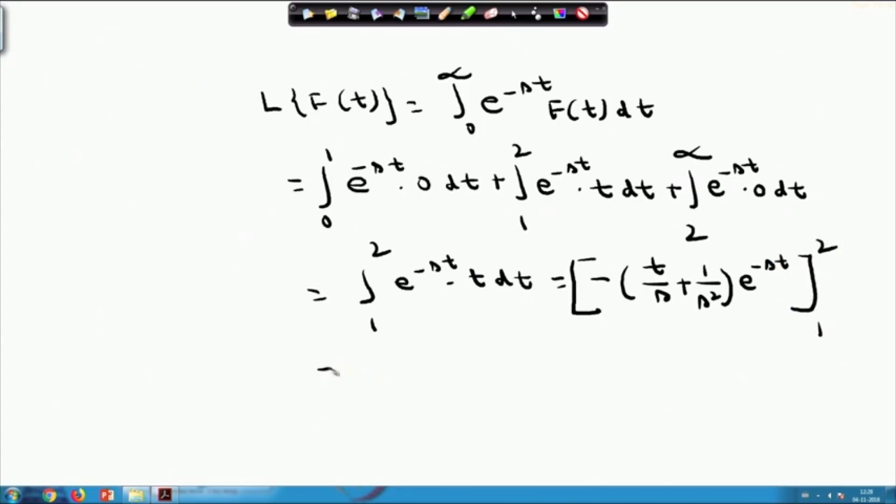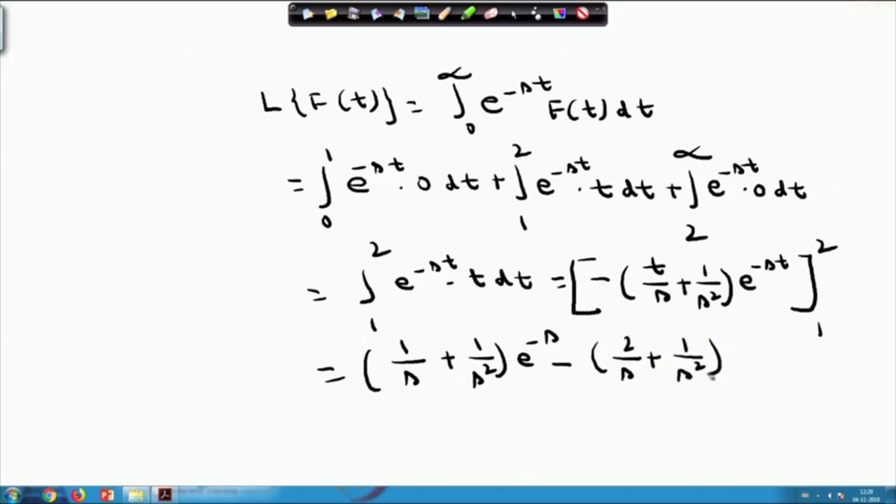If I put the limits, you will obtain 1 by s plus 1 by s square into e power minus s, minus 2 by s plus 1 by s square into e power minus 2s. One is for the lower limit, another one is for the upper limit. So, it is minus 2s.